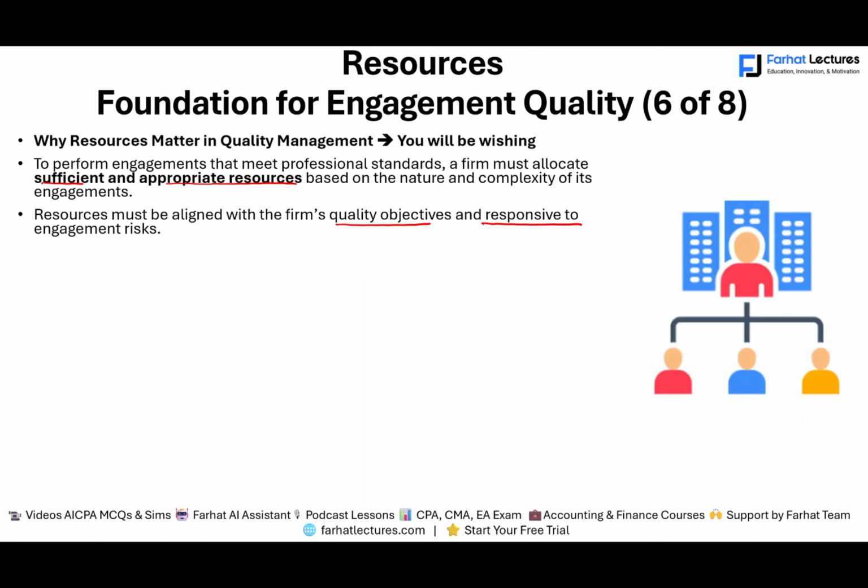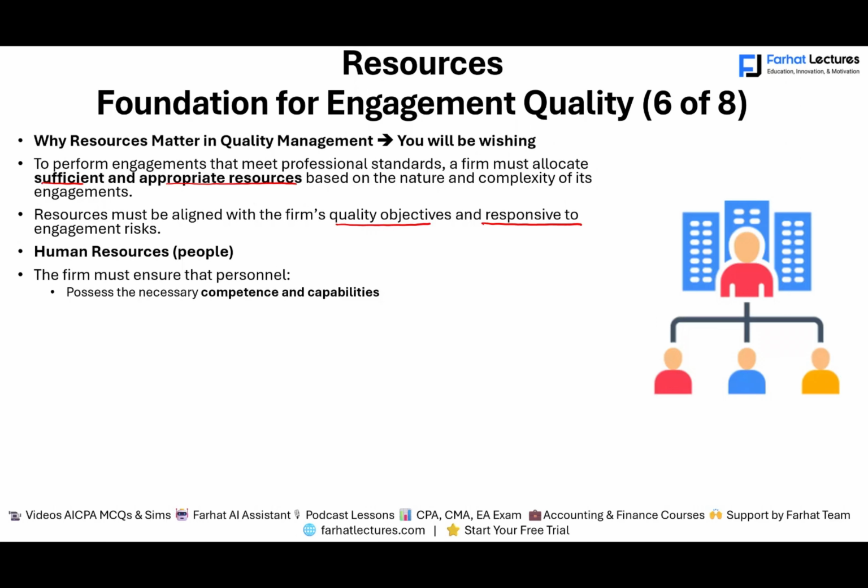We don't allocate the same resources to every engagement. For example, when it comes to people, the firm must ensure that the people that work on the engagement have the necessary competency and capabilities, receive the appropriate training, are properly trained, and are assigned sufficient time to perform their responsibilities properly. What does that mean? Let's think you are auditing a derivative instrument. Okay, no problem.